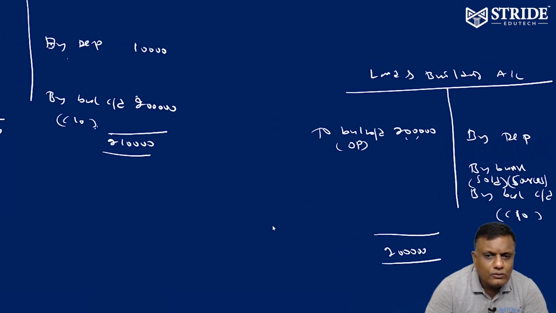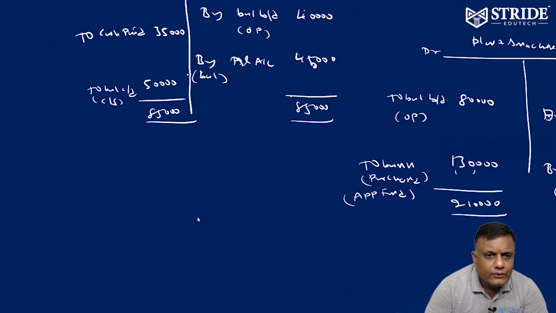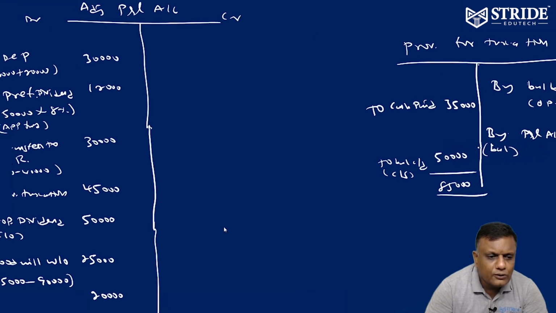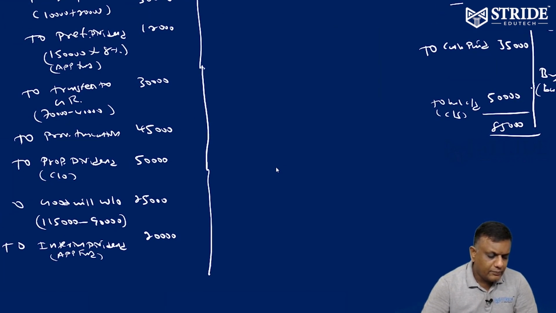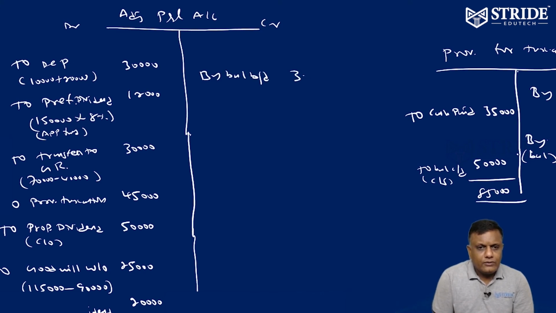Now there is no loss on sale or profit on sale. So straight away we come back to adjusted P&L account. Adjusted P&L account opening 30,000. By balance brought down 30,000.